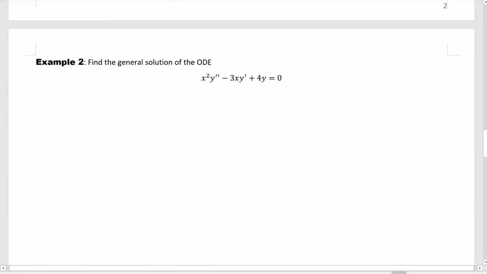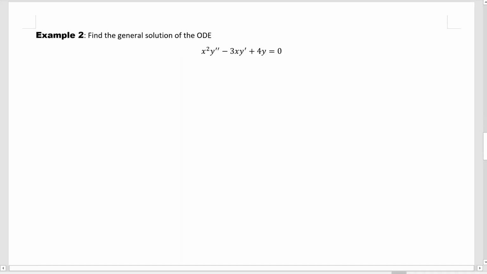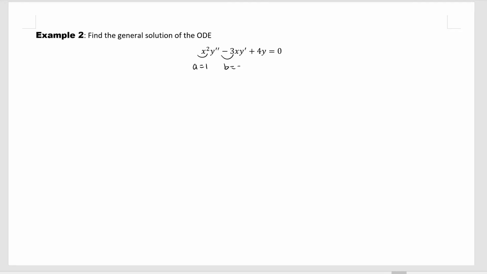How about example 2? You can pause here and try to work on this problem. Are you done? So a is 1, b is negative 3, c is 4. This is a Cauchy-Euler equation, so the solution looks like x to the r.